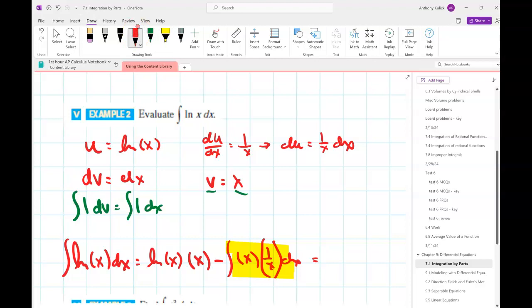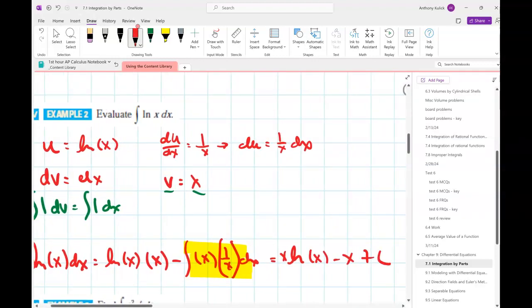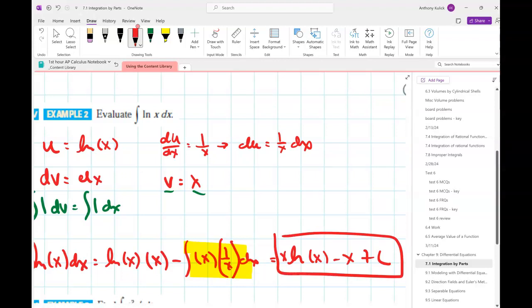Well, it's the integral of 1, which is x. So we can say x natural log x, minus x, plus c.